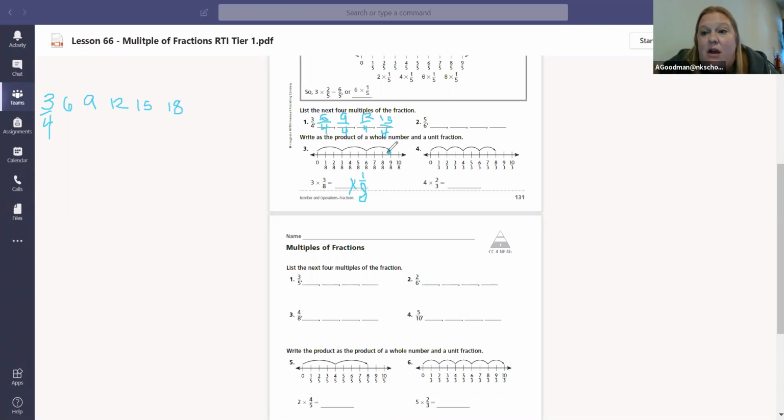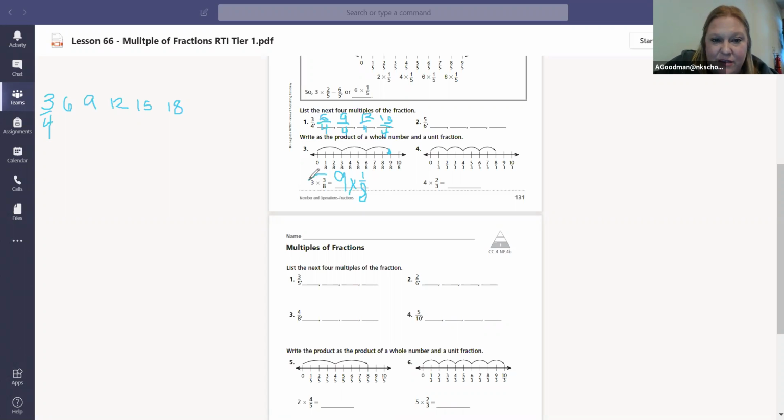So what unit are we talking about? We're talking about the denominator, eighths, right? So how many times do you have to jump 1/8 to get as far as you get when you jump 3 times 3/8? And it's on the number line, which is handy dandy. So that is 9 times, whatever the numerator is. So 9 times 1/8 is the same as 3 times 3/8.